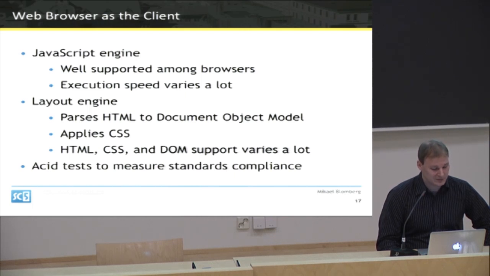So the JavaScript engines are quite fast. You probably know about V8 and IonMonkey. I think IonMonkey is the engine Firefox is using at the moment. And the JavaScript support is quite good among browsers. They don't vary much. The difference is mainly in speed. The layout engine, as I explained earlier, is handling the HTML and CSS and produces the DOM.